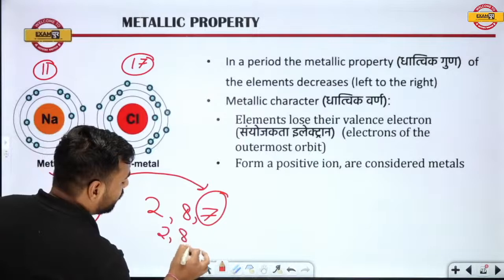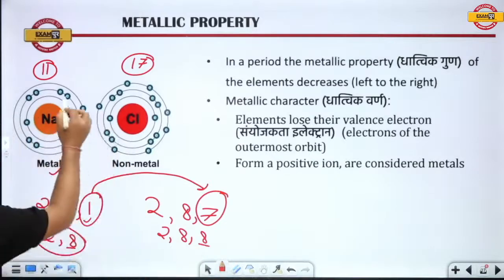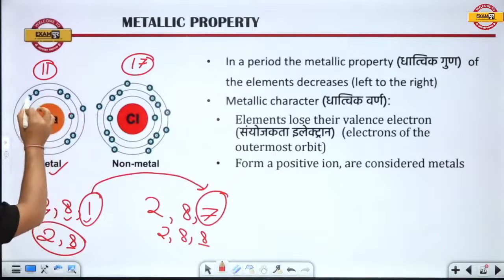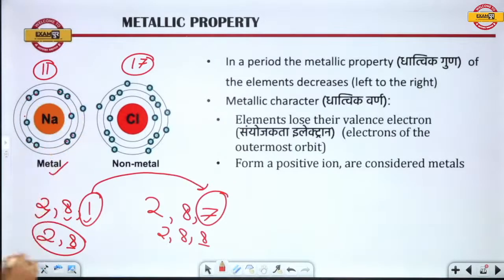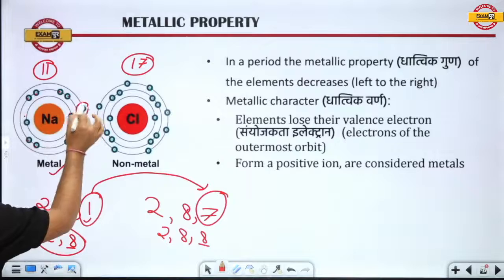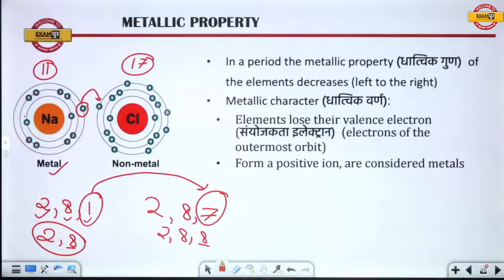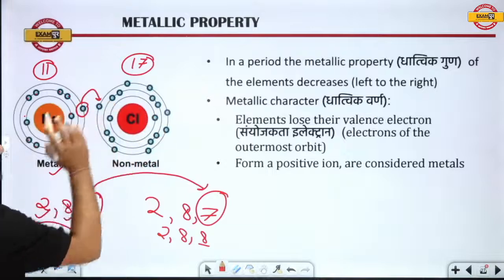And here it will be 2, 8, 8. Just have a look. Here 2, 1, 2. Then if I go with the second shell, 1, 2, 3, 4, 5, 6, 7, 8, 2, 8. And 1 is there in the outermost shell. Now what will happen? This 1 electron will be given here, because of which the outermost shell will have 8 electrons.